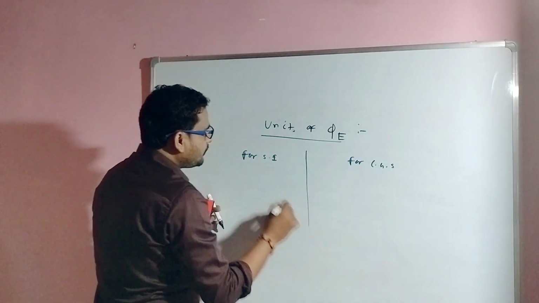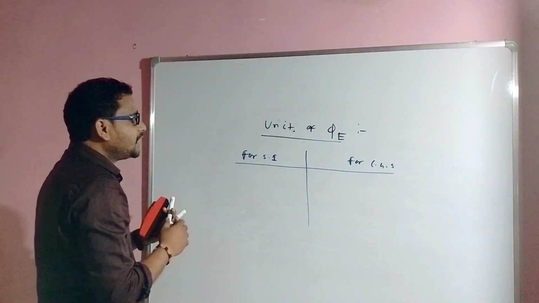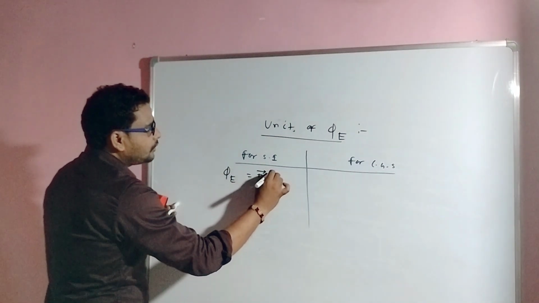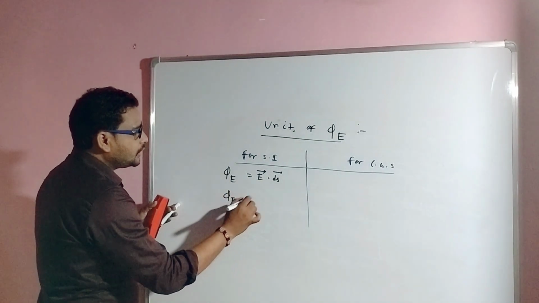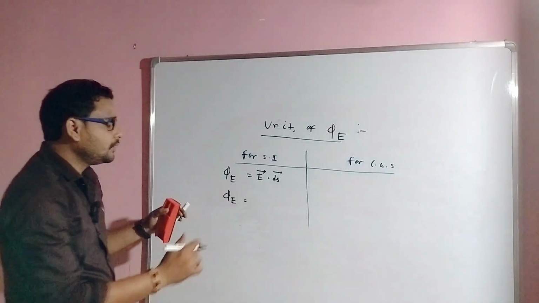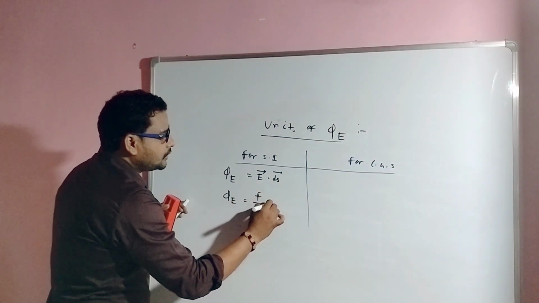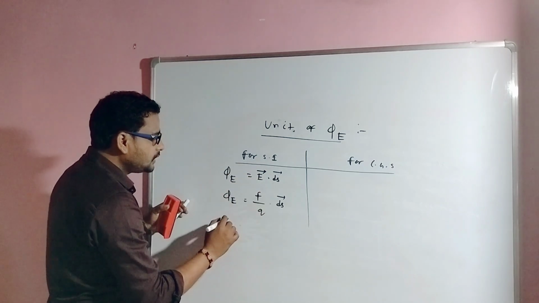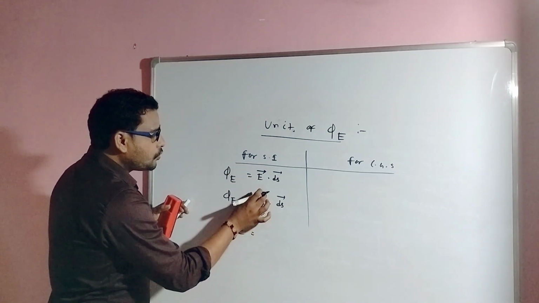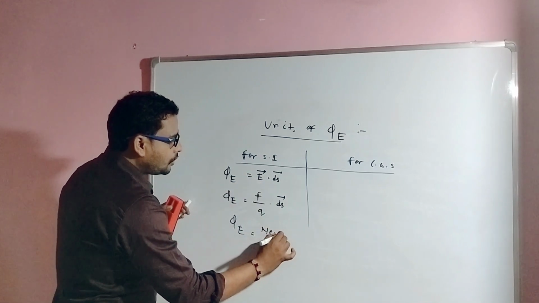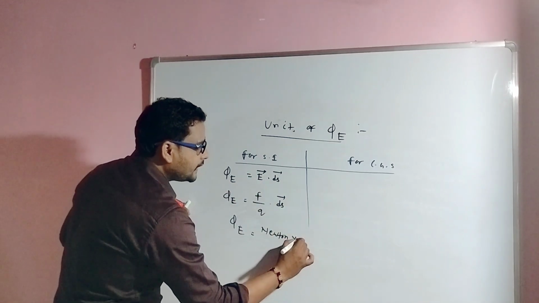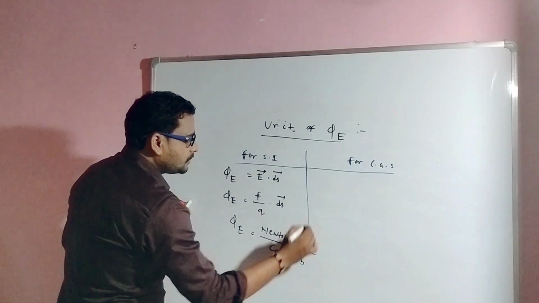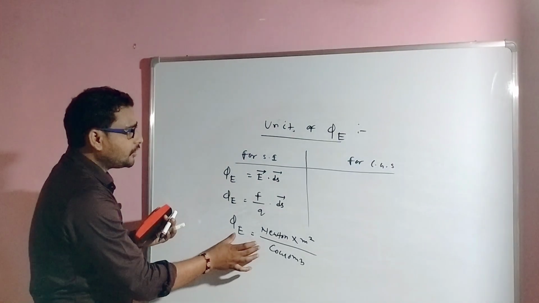For SI, phi is equal to E vector dot ds vector, where E is electric field intensity, which is force by charge. So phi is force, SI unit Newton, into area ds, meter square, by charge, SI unit coulomb. This is the SI unit of electric flux.